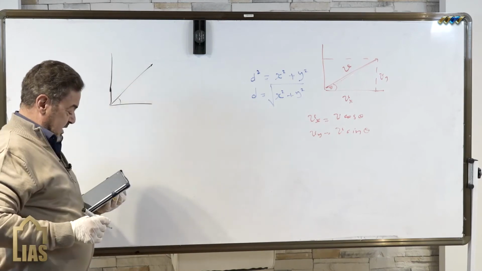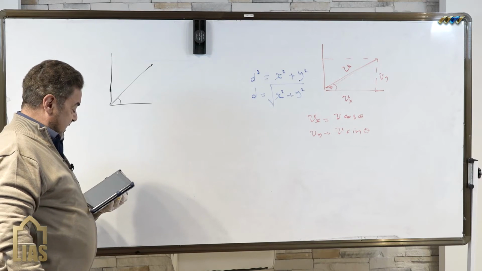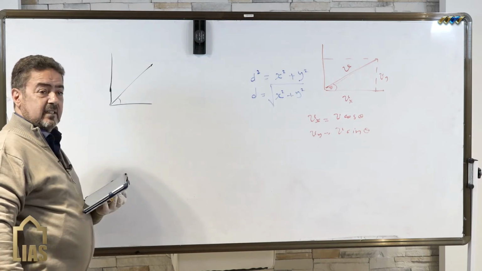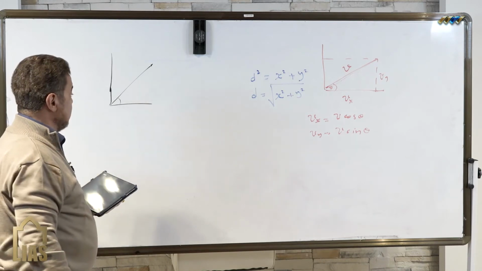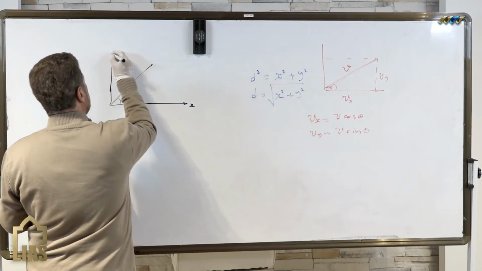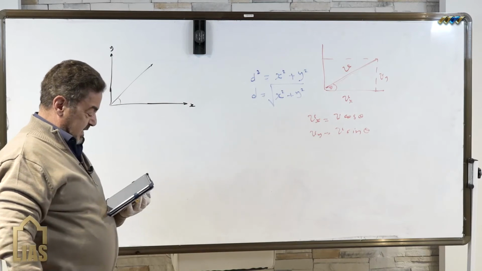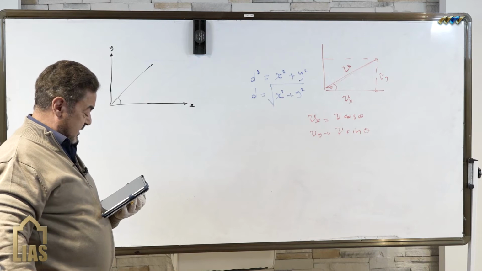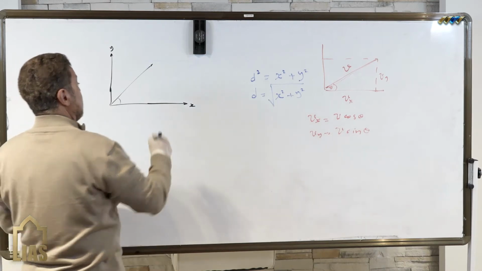A diagonally moving ball. It's not horizontal or vertical. It's diagonal, and this is the x, and this is the y. It has constant velocity of 0.5 meters.